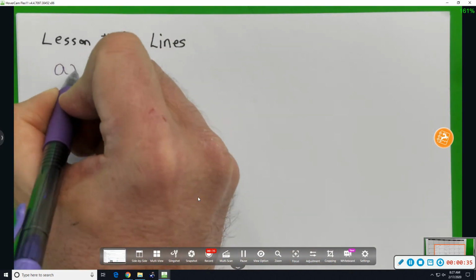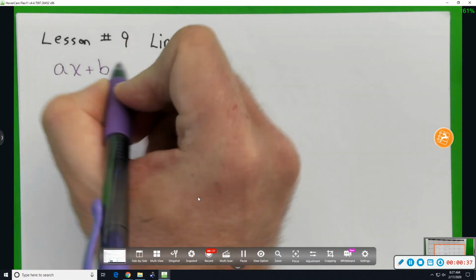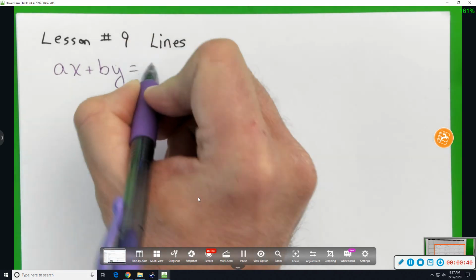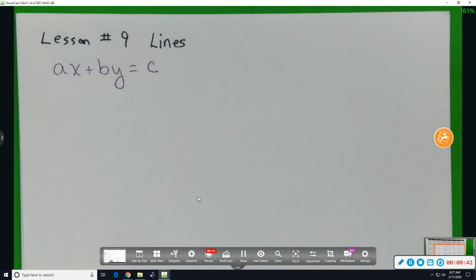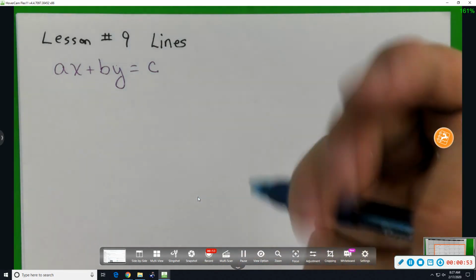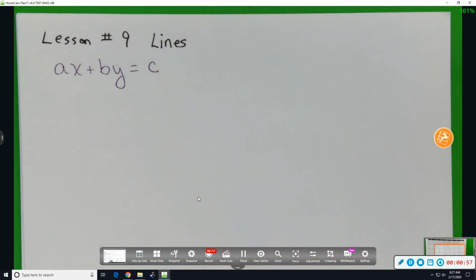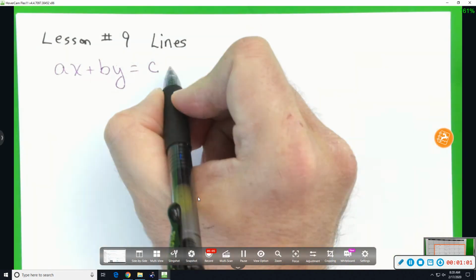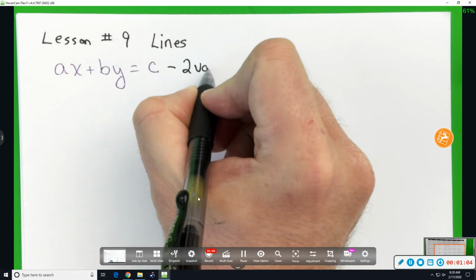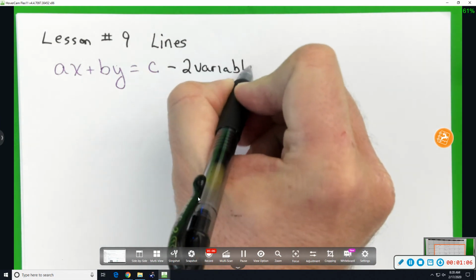If you have an equation that looks like this, ax plus by equals c, where x and y are the variables and a, b, c are just numbers, then this is a slanted line. So if there are two variables in your equation, then we have a slanted line.